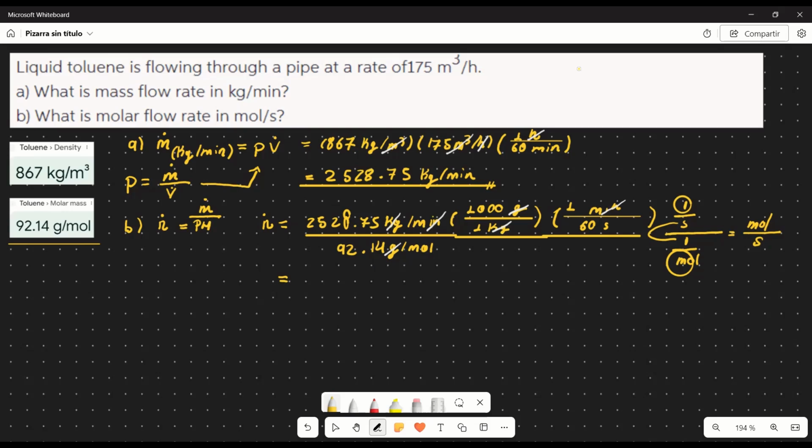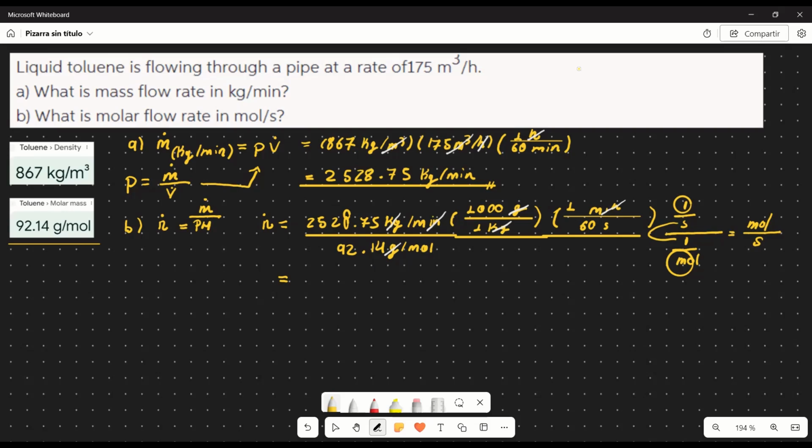And now we're simply going to solve for the molar flow rate, given the multiplication and division that we have above. So it's going to be 2,528.75 kilograms per minute times 1,000 grams in each kilogram over 60 seconds in each minute.